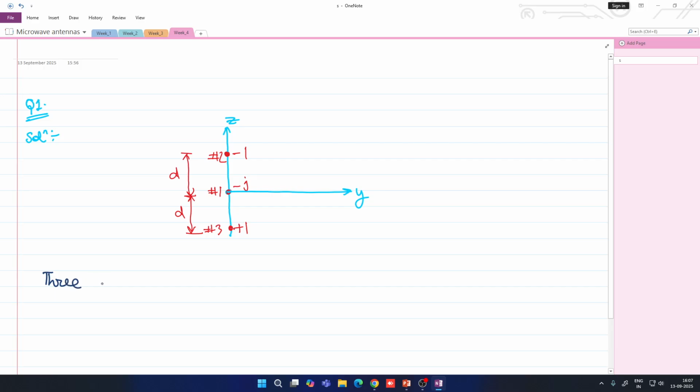So here we have 3 isotropic sources on the z-axis.